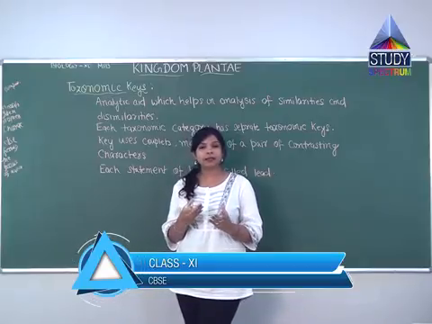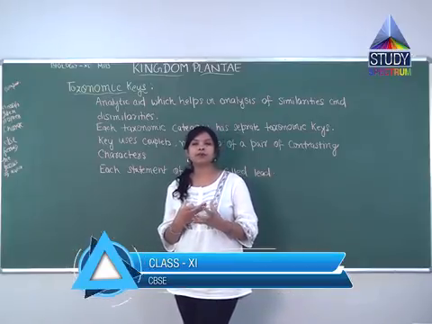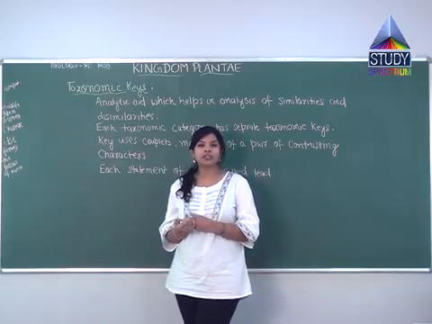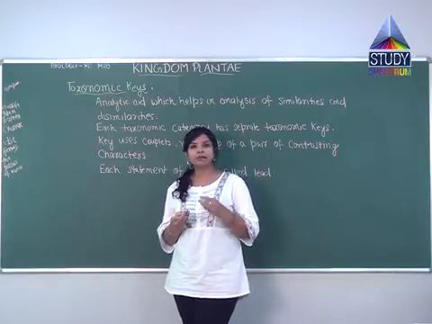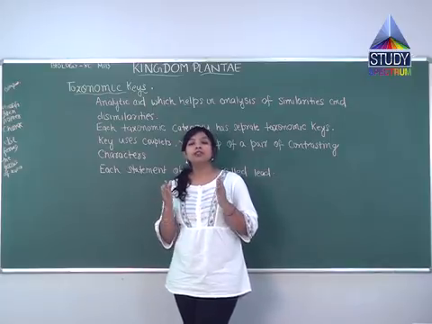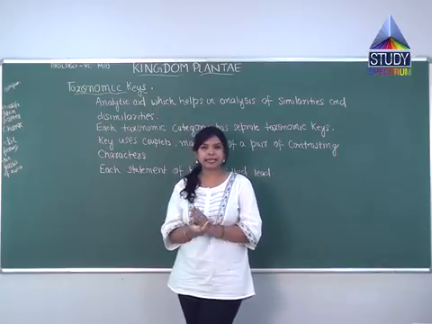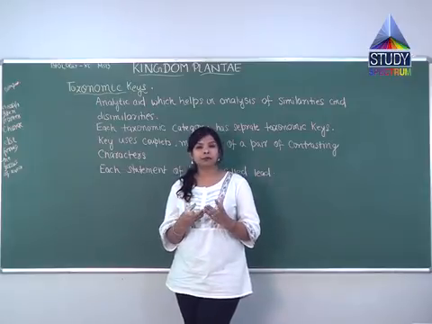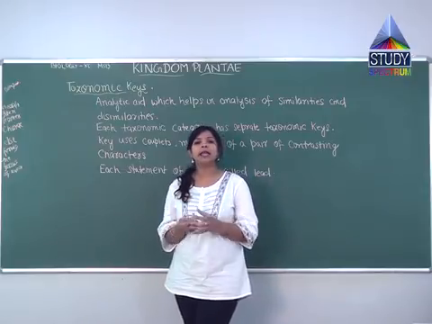Suppose you have to know about a plant in angiosperms, whether it has a seedling or not. So we need contrasting characters, meaning opposite characters of a particular kind of plant or animal.